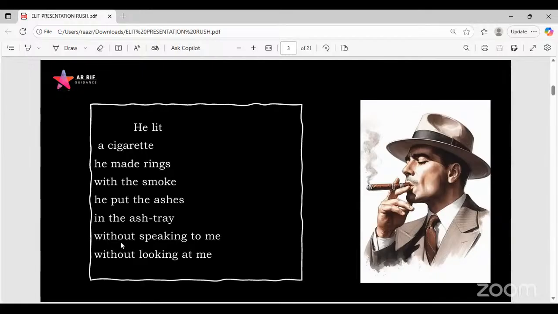So this stanza, guys, creates strong imagery. We can see the cigarette in his hand and the smoke rising in soft rings, right? We can almost smell the strong scent of burning tobacco. We can imagine the gray ashes falling into the ashtray, right?